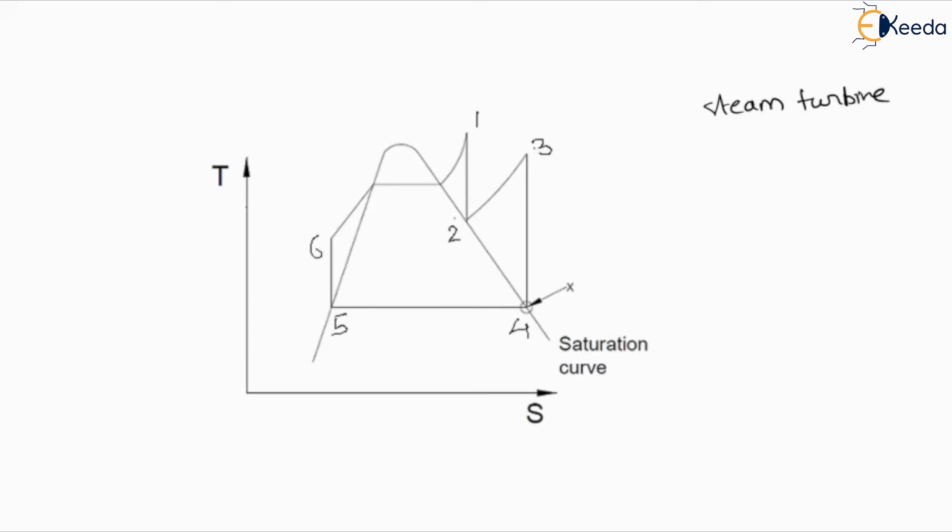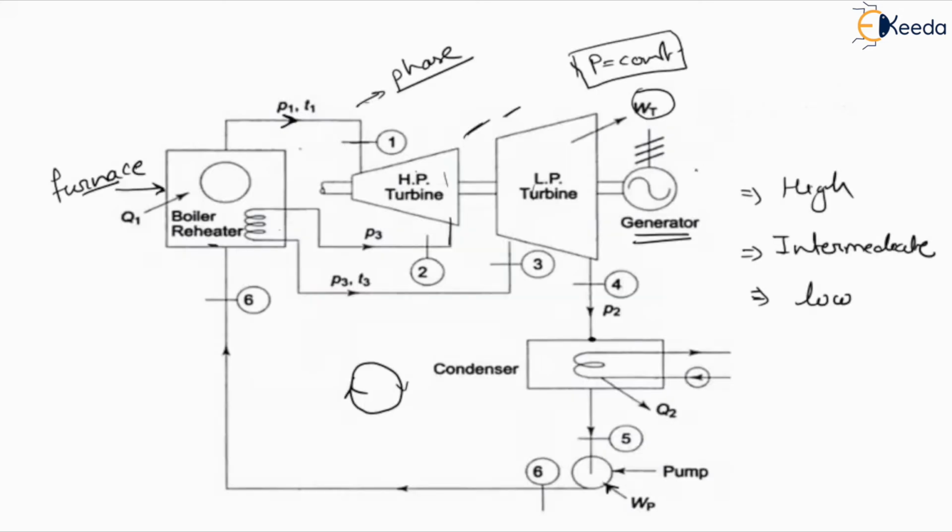So here, whatever processes we are performing, the turbines will be mounted on one shaft only. They will not be mounted on different shafts. Both the turbines should be mounted on one shaft only, and it will be further connected to the generator. So this point you have to remember.